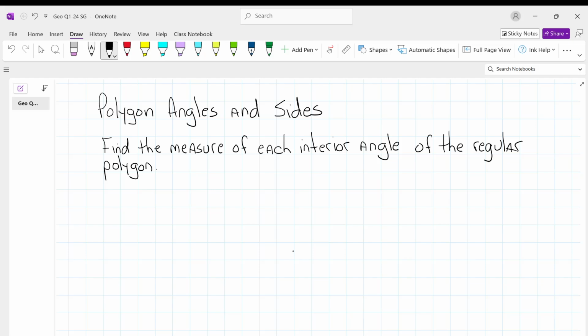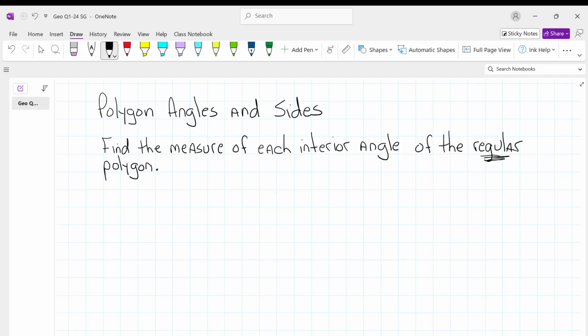Those are the exact instructions. Now, regular means that all the angles are the same and all the sides are the same. Okay? So you're going to be finding the measure of each interior angle of the regular polygon.